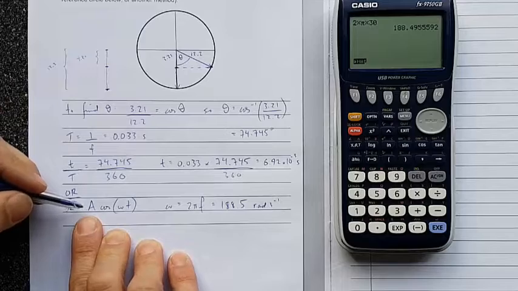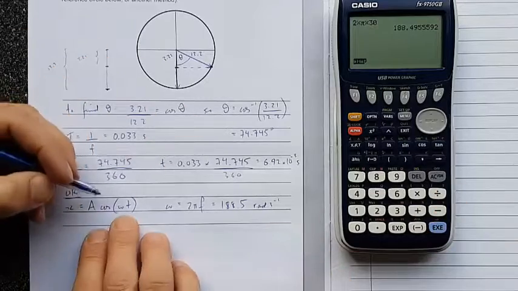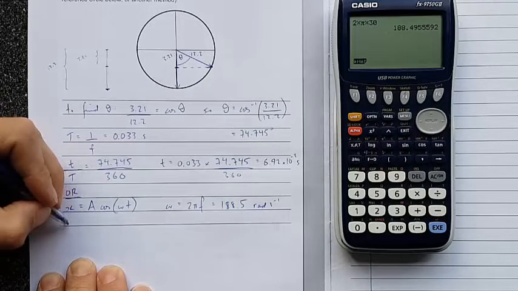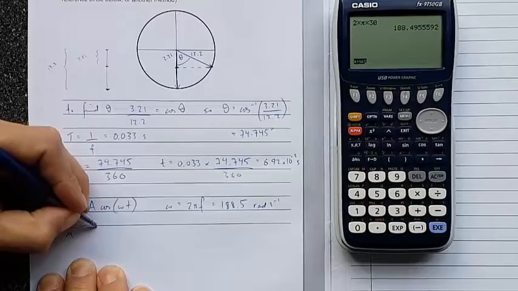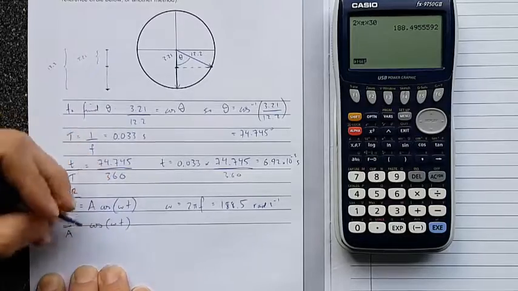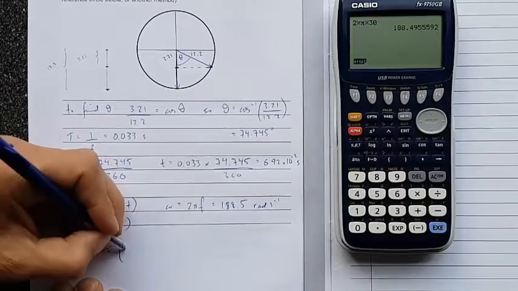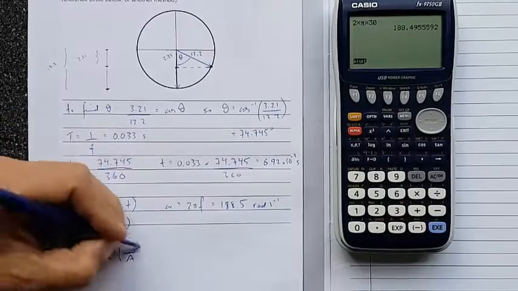And we know we want to use radians here. We want to rearrange this for t first. So we go x over A is equal to cos omega t. So omega t is equal to the inverse cosine of x over A.